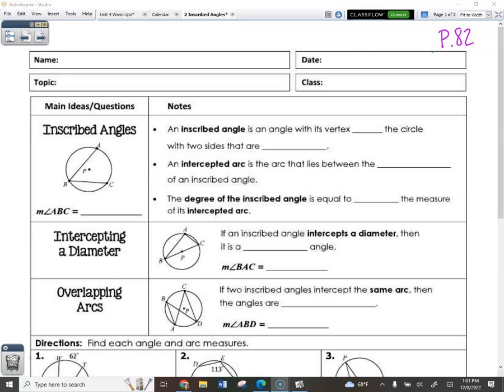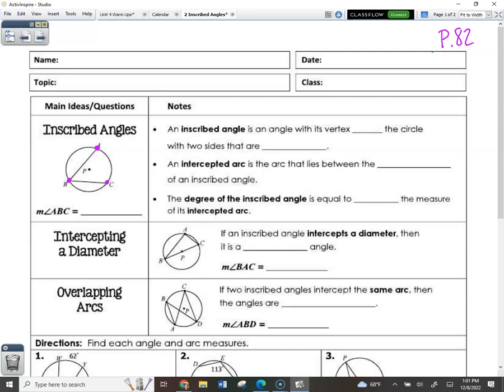It's called inscribed, which means if you look at this example right here, all three points that you would name the angle with, all three letters, are sitting on the edge of the circle. You see that?